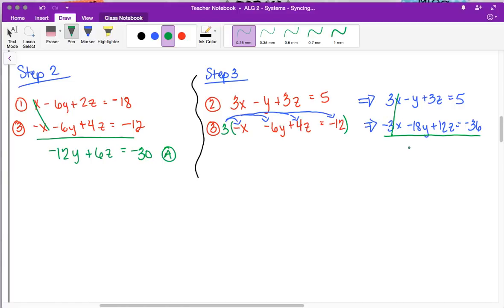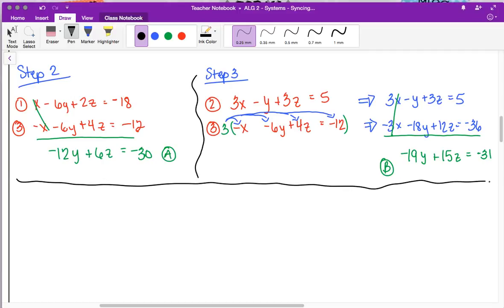And when I do that, I get a negative 19y plus 3 plus 12 is a 15z is equal to a negative 31. And we will call this equation B. Okay, so now I have two new equations, equation A and equation B, that will take us down to, let me separate my work here. That's going to take us down to our step 4.